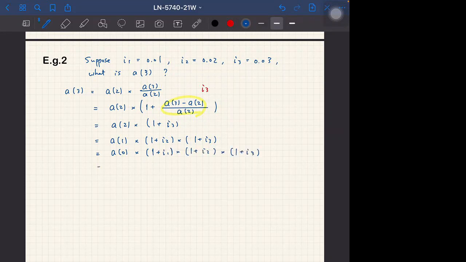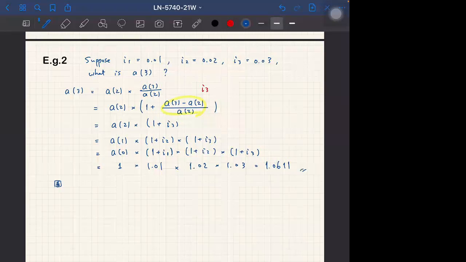So A of 3 is equal to 1.01 times 1.02 times 1.03. This is about 1.06, to be exact, 1.0611. So you can get A of 3 here.